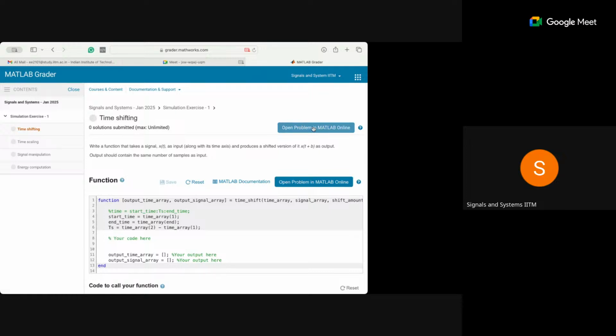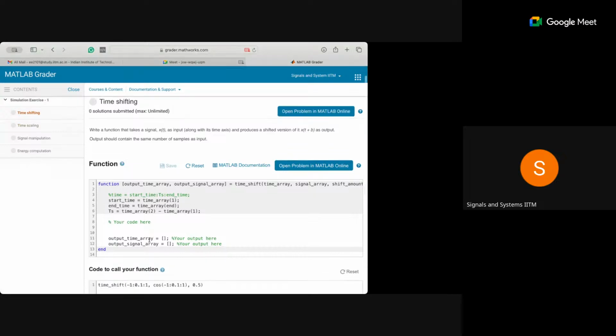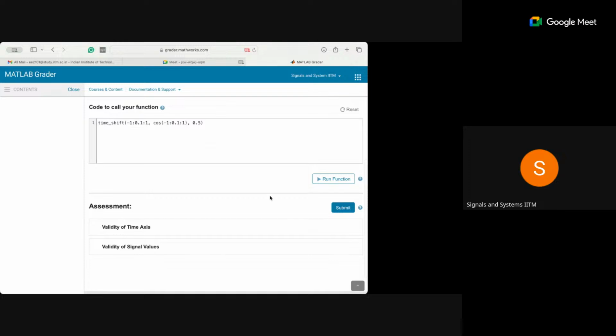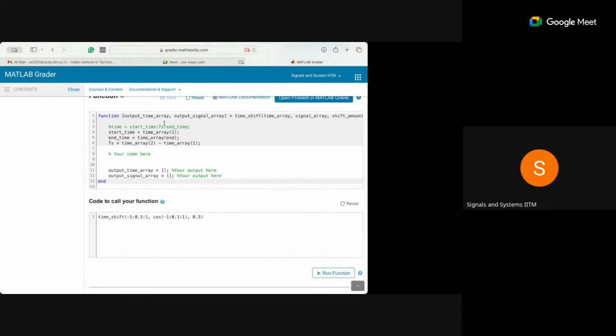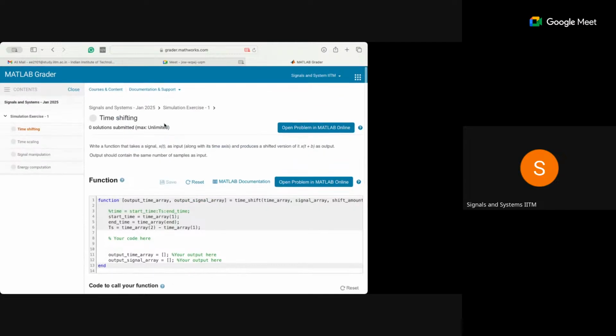It will redirect you to that MATLAB Online page, or you can write your code here and then just run this function, and you can check the validity of the time axis and signal values. I think those are the two things asked in this particular problem.